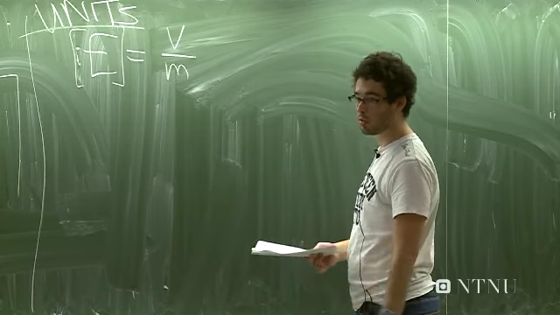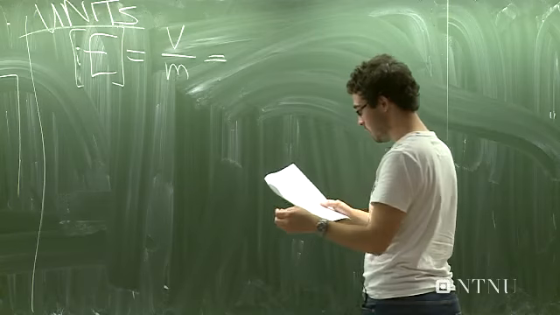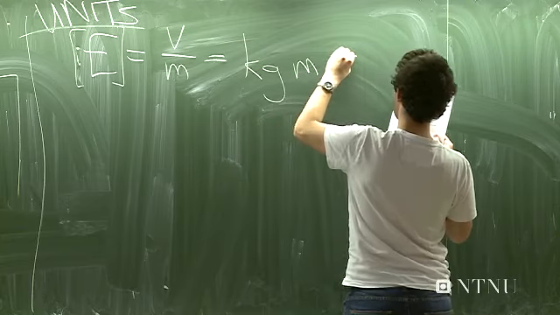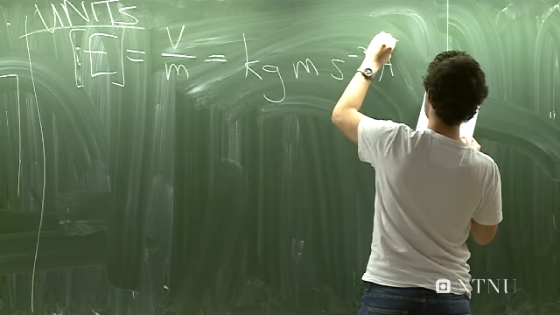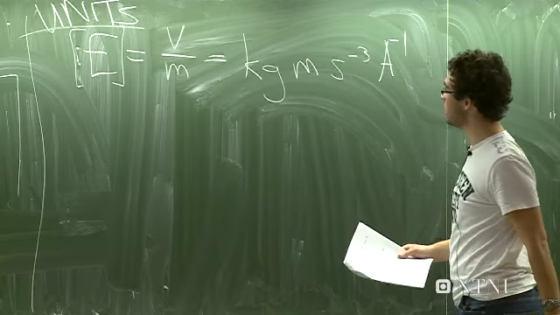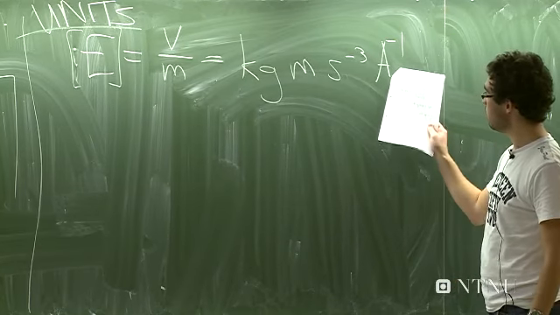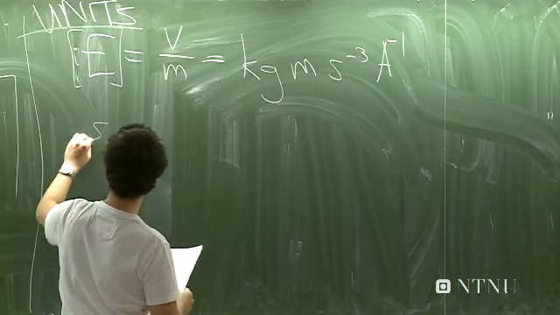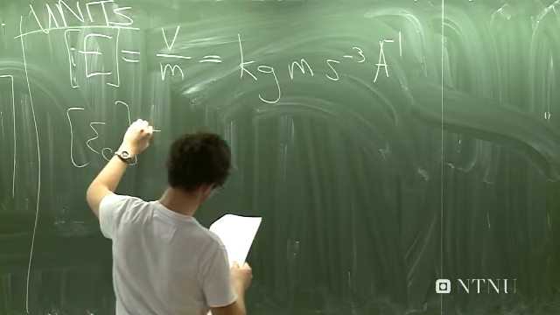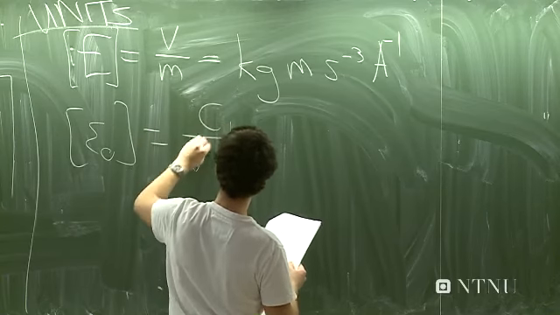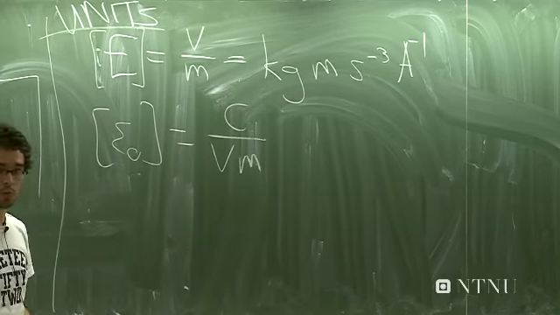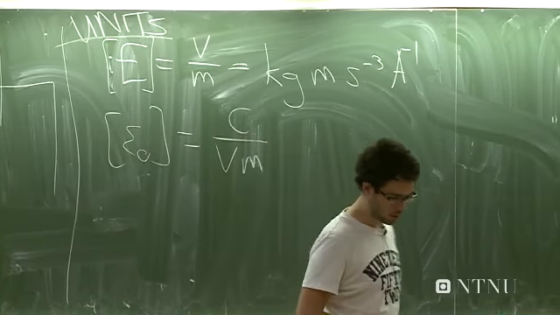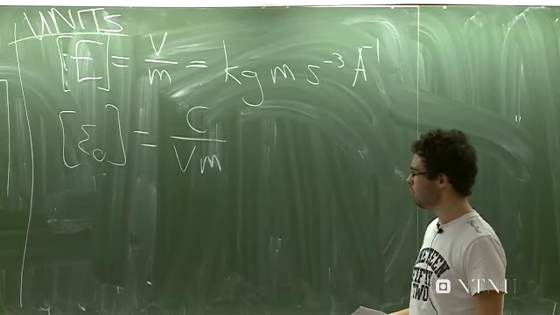That's volts per meter, but in base SI units it is the following. Kilogram meter, second to the minus 3, ampere to the minus 1. Epsilon 0 is coulomb per volt meter, which you can figure out by, let's see, yeah.